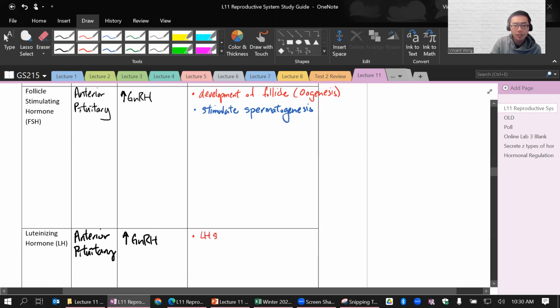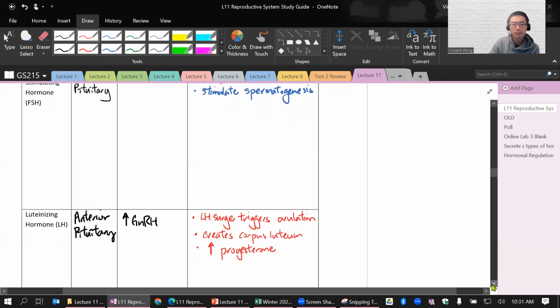LH surge triggers ovulation. Okay. And creates corpus luteum, which in turn increases progesterone. Okay.